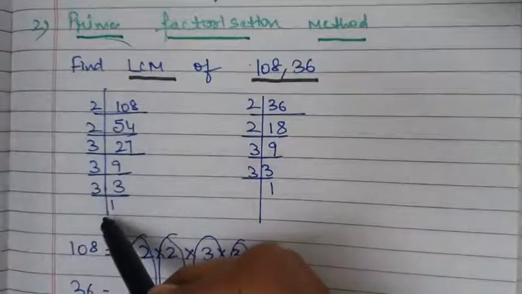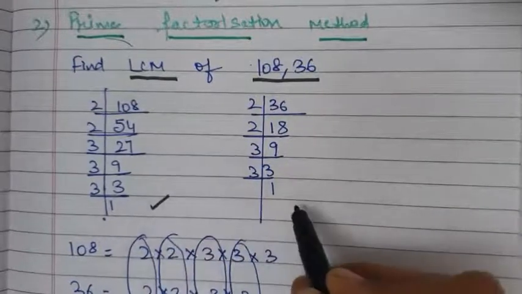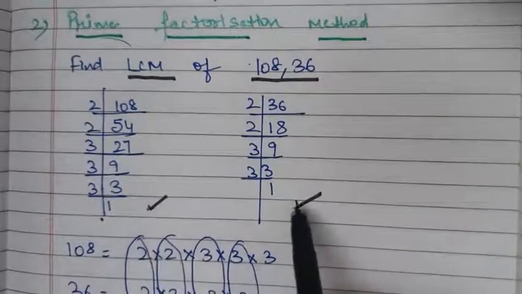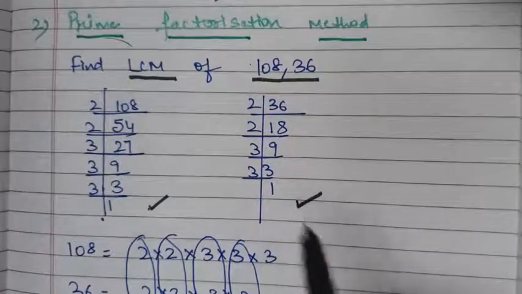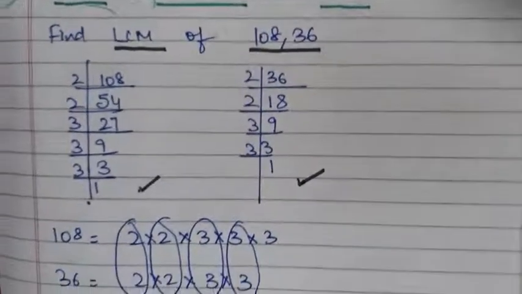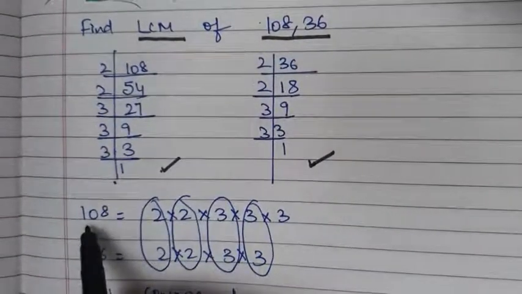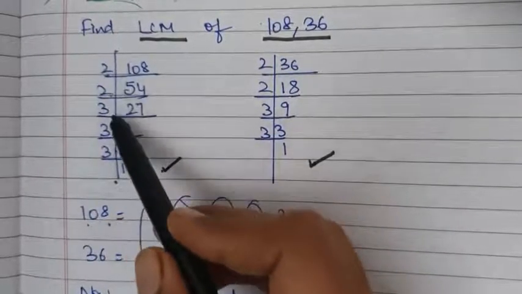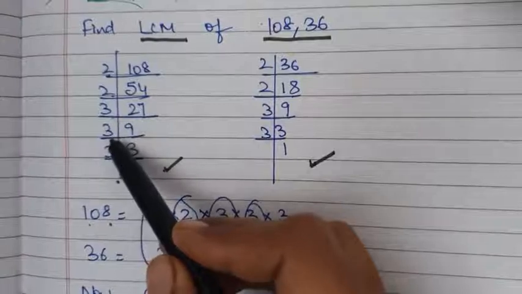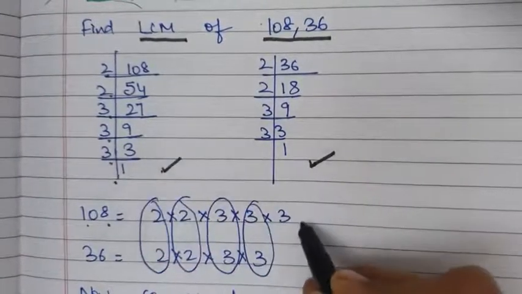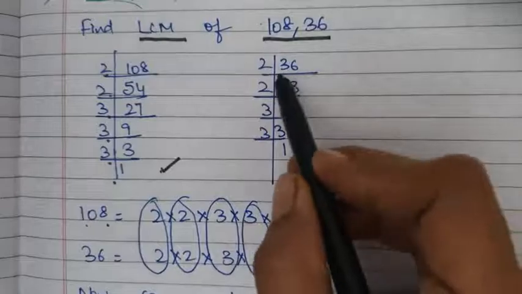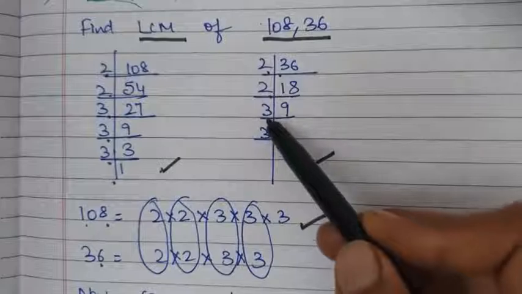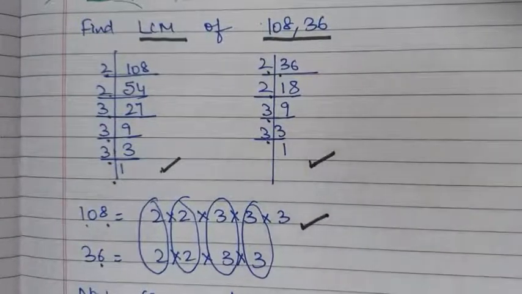We have already done the prime factorization of numbers, so let us write them like this. 108 is equal to 2 multiply 2 multiply 3 multiply 3 multiply 3. Clear? Then 36 will be equal to 2 multiply 2 multiply 3 multiply 3.